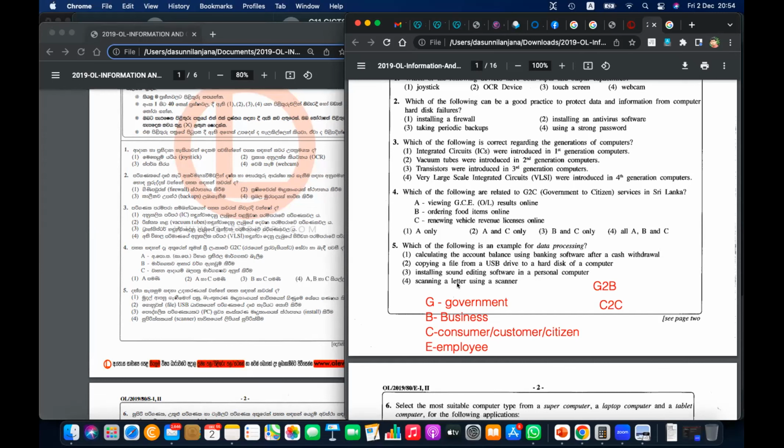That is also data processing. මොකද එහෙම නැත්තම් processor එක මේ වෙලාවේ මොකුත් නොකර ඉන්න ඕන. When you're copying the file, processor will process. You can see the processor graph will go up, right? That is data processing. So installing a software, the processor graph will go up. That is data processing. Scanning a letter, the processor graph will go up. That is also data processing. Therefore, all 4 are correct answers.